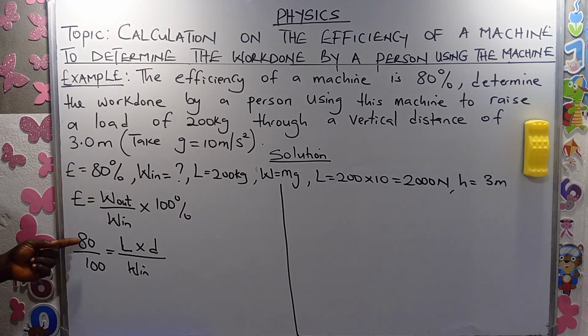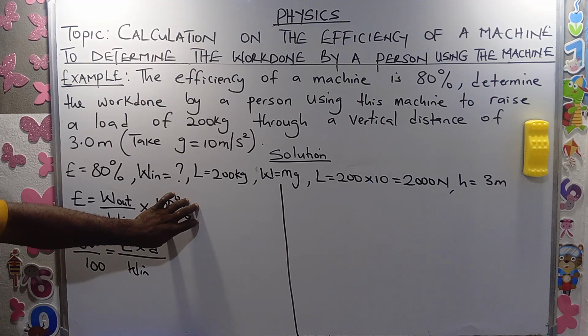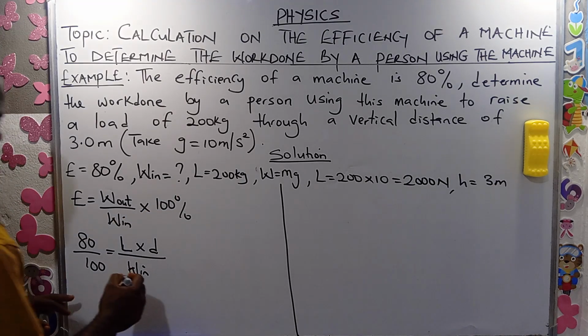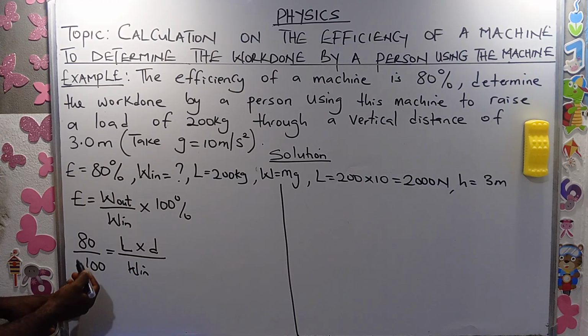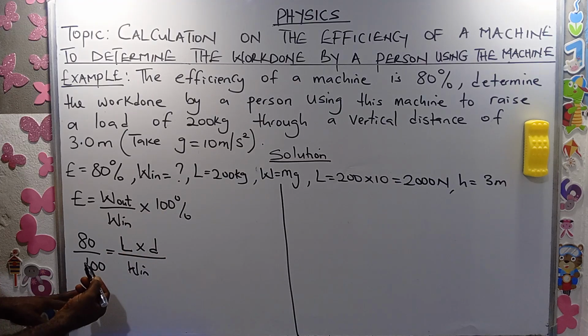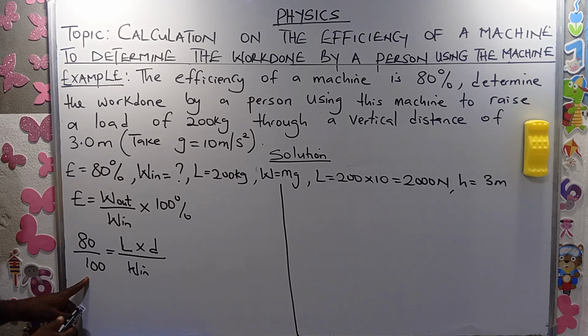And the moment you write 80 over 100, no need to put 100 at the other side. But when you put ordinary 80 here, you can now put 100 over 1 at the other side. Please take note. Some students make the mistake, after putting 80 over 100, of still putting 100 at the other side. Please take note.